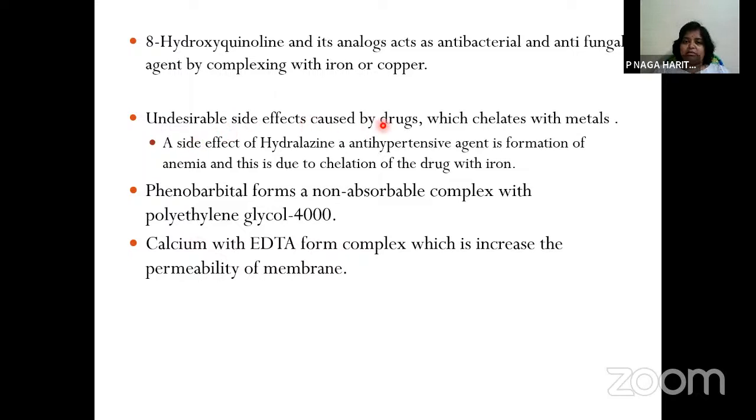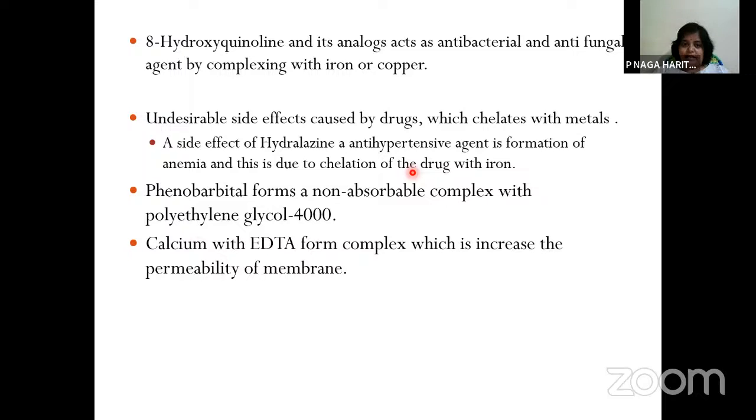Undesirable side effects are caused by drugs which chelate with metals. A side effect of hydralazine, an antihypertensive agent, is the formation of anemia, and this is due to chelation of the drug with iron. Whenever this hydralazine, the antihypertensive drug, is administered to the body, the side effect called anemia occurs. What is anemia? It is a lack of iron in the blood.